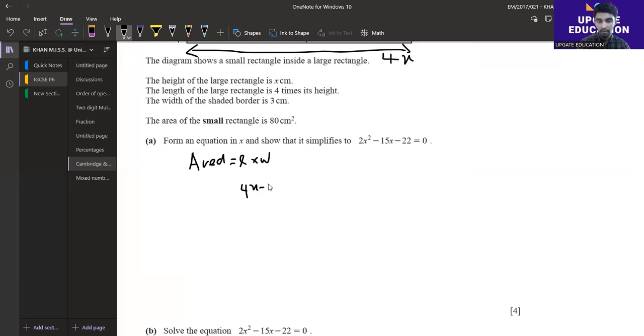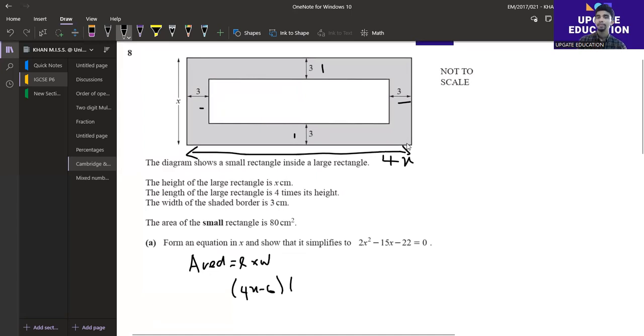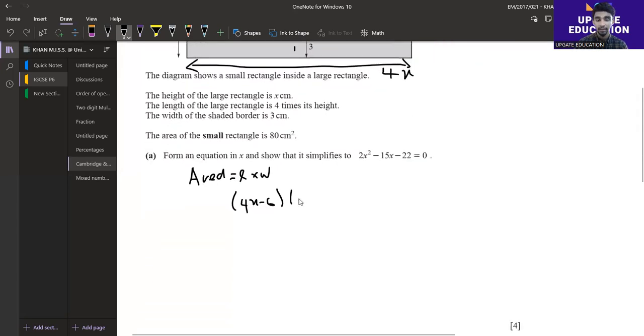And the width or the height for the biggest one is x, and they said on both sides it's 3 and 3. You have to reduce 3 and 3, so altogether that is also minus 6. So x minus 6, which is equal to, they said, 80 centimeters square. So I'll just put it as 80. I just wanted to get this as the algebraic expression.